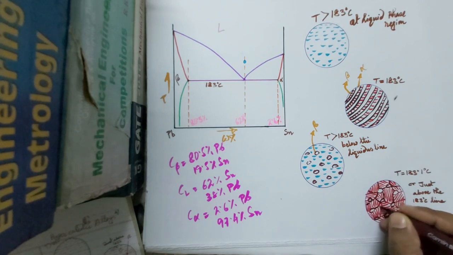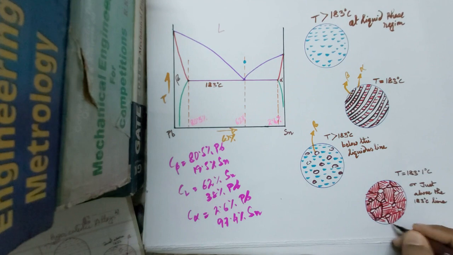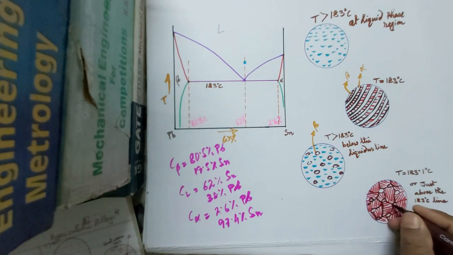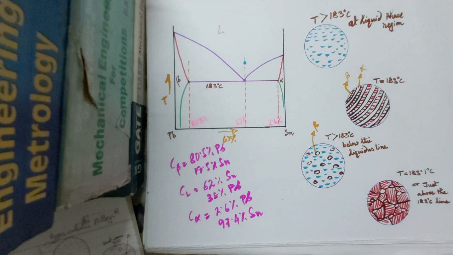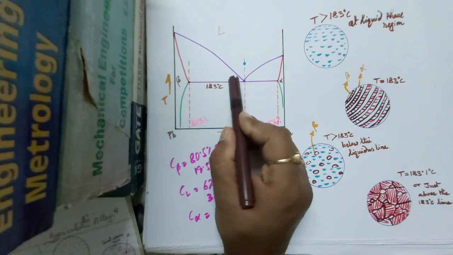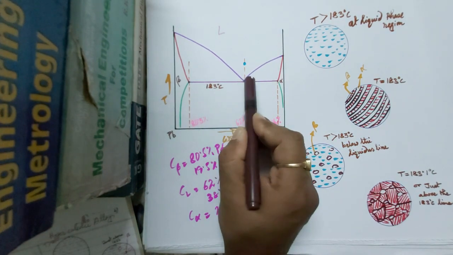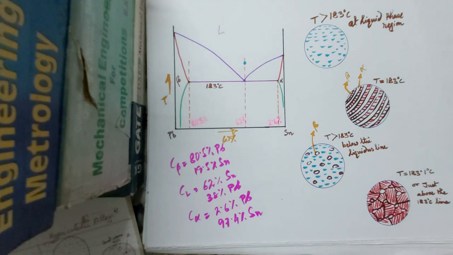These crystals are a combination of alpha and beta, like this. This is just above this tie line, 183 degree C.